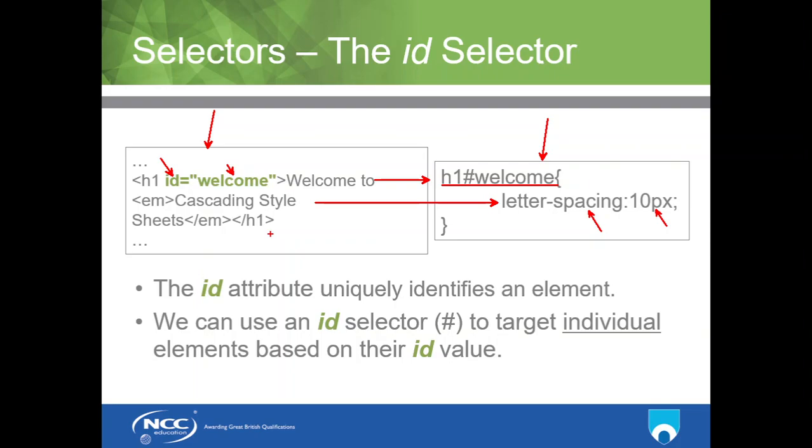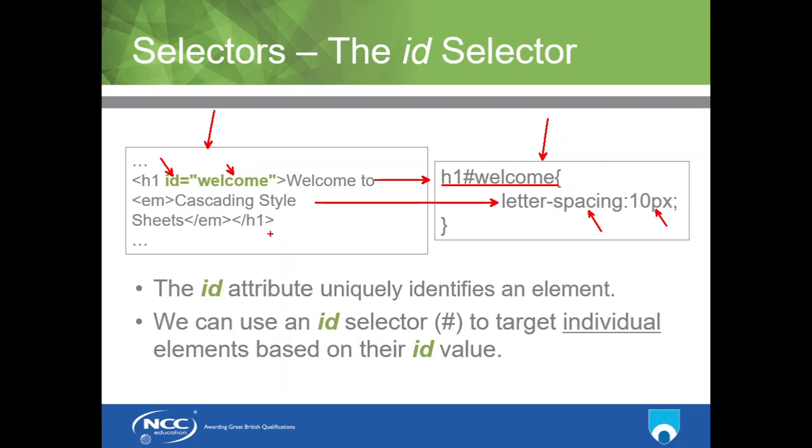Is that clear? What if it is also possible to use the ID selector alone without the element tag, like just hashtag welcome? Yes, you can use it, but it's recommended that you also include the name of the element for your program to be more readable and for us to understand.